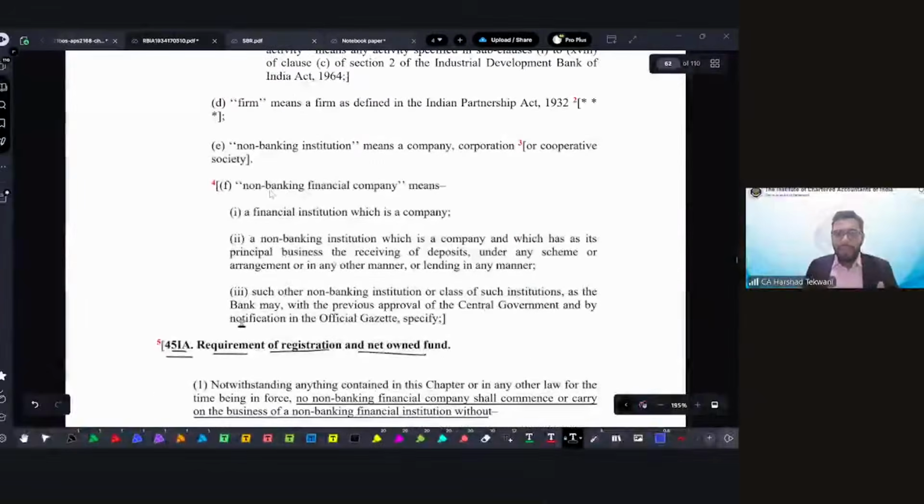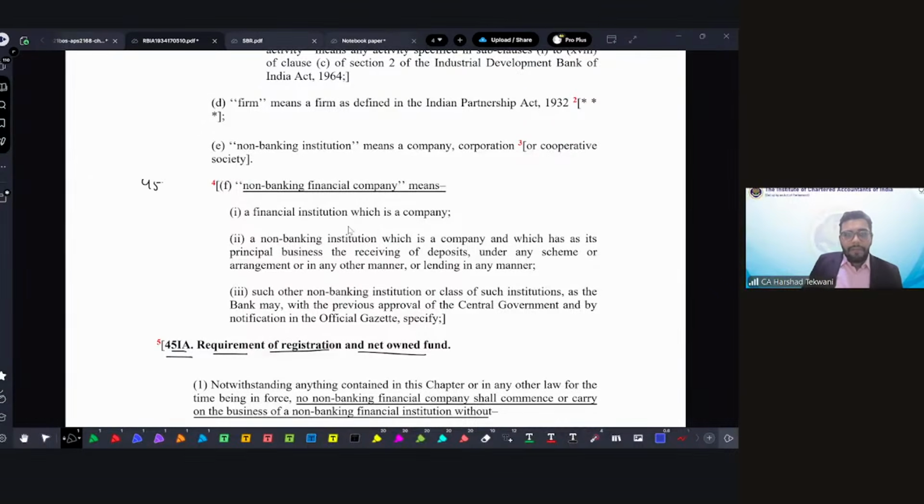And there was one more, (f), non-banking financial company. The definition of non-banking financial company is in 45I(f).